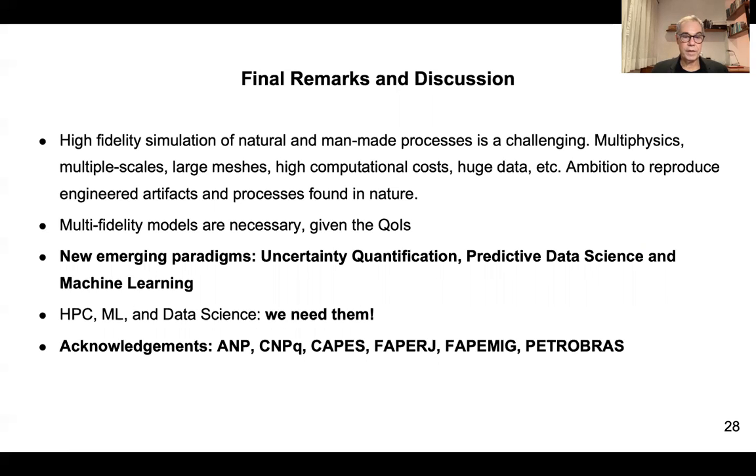We see that multi-fidelity models are necessary given the quantities of interest we see in practice. And we touched on new emerging paradigms: UQ, predictive data science and machine learning. All of this, HPC, machine learning, and data science are here to stay. We need all of them to produce meaningful simulations nowadays.